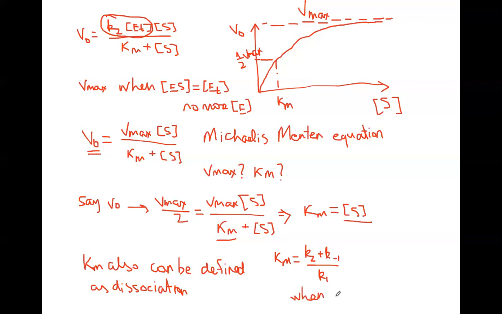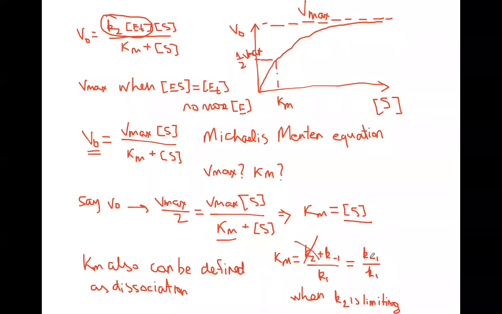So when a reaction is slow, when K2 is limiting, we can basically take this out of the formula and leave the K negative 1 over K1, right?